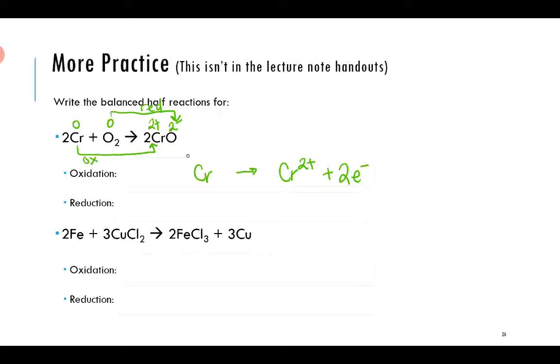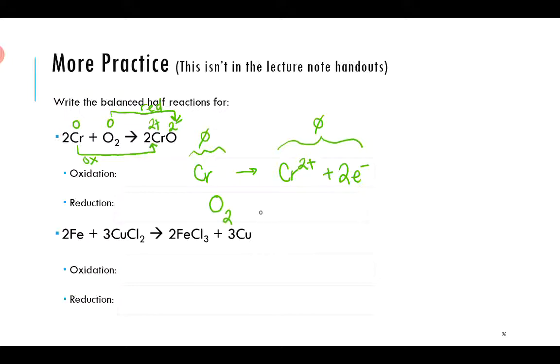You can also think of it as the sum of the charges over here is 0, and so the charges over here need to add up to 0 as well. Electrons are negative, and so we always have to go to the lower of the two sides to make them equal.